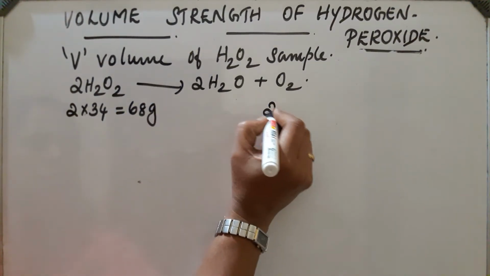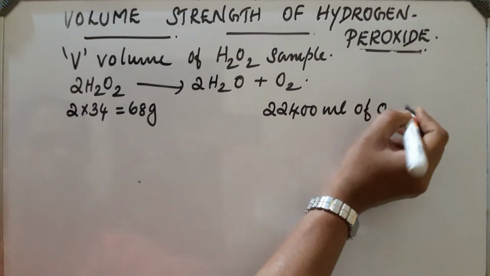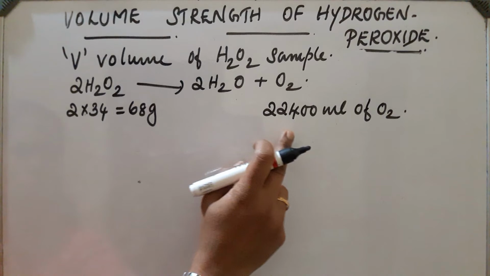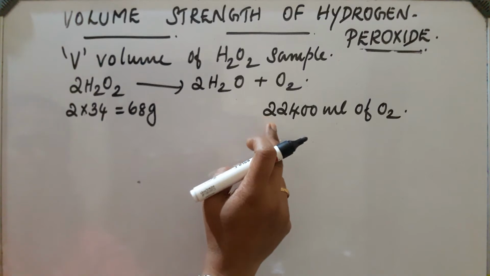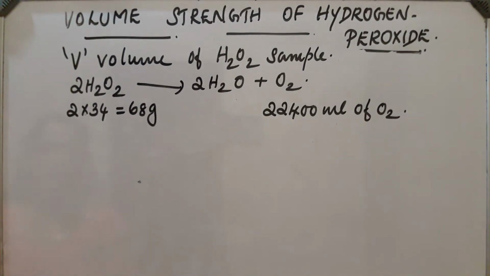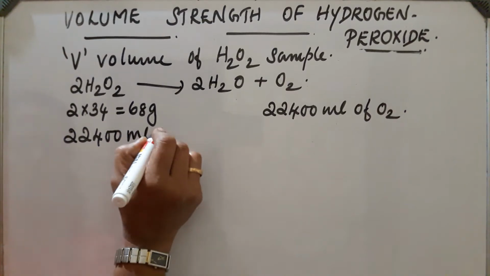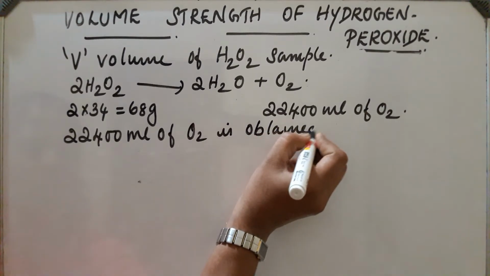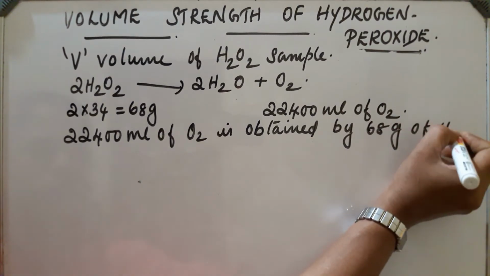gives 22400 ml of O2. This is the molar mass of H2O2, and at STP the molar volume is 22400. So this much ml of O2 is obtained from 68 gram. So 22400 ml of O2 is obtained by 68 gram of H2O2.